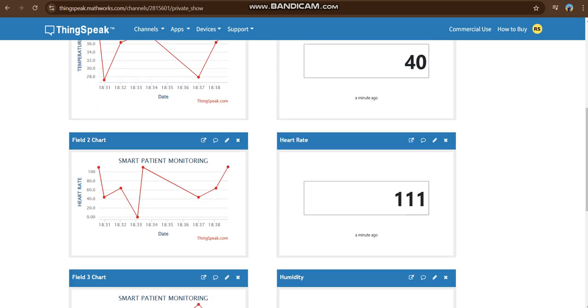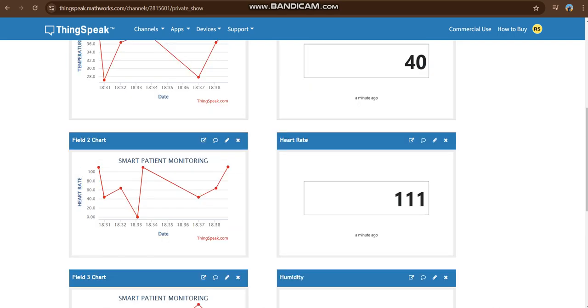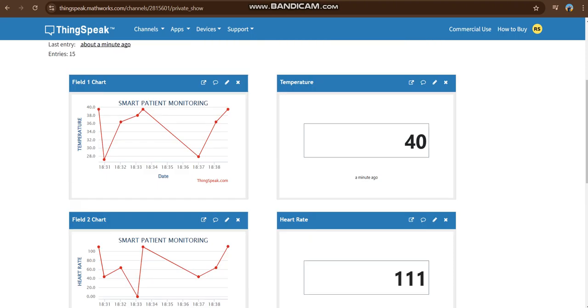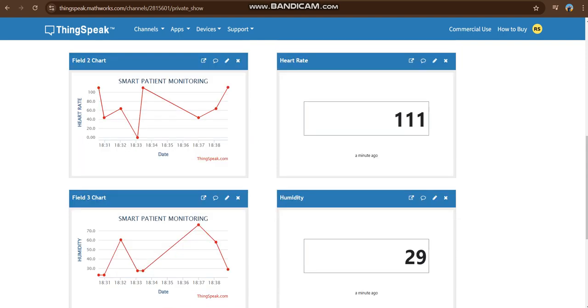The heart rate drops and maintains higher, then drops back again and gets higher. Finally the humidity remains the same, increases slightly, drops and remains, and increases slightly to 76, then drops back to 29 because the patient's condition is not good. As you can see here, the temperature value finalized at 40, the heart rate 111, and also the humidity 29.